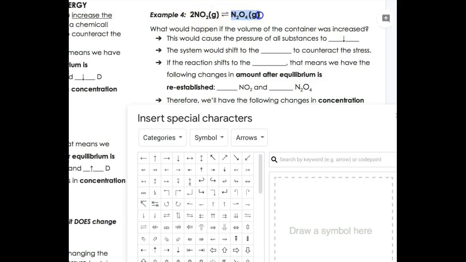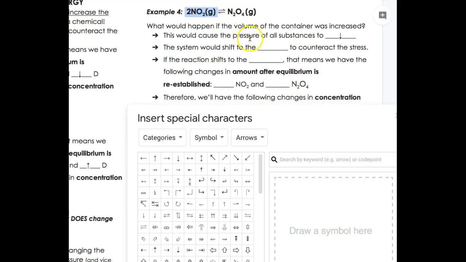So here's one mole of dinitrogen tetraoxide, and here there are 2 moles. Because the pressure dropped, you want to move in the direction where there are more moles, which is this side, 2 moles versus 1. So the reaction is going to shift to the left. I'm going to write left right here.